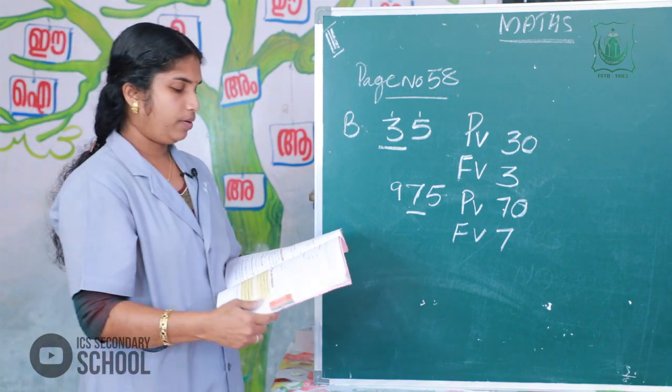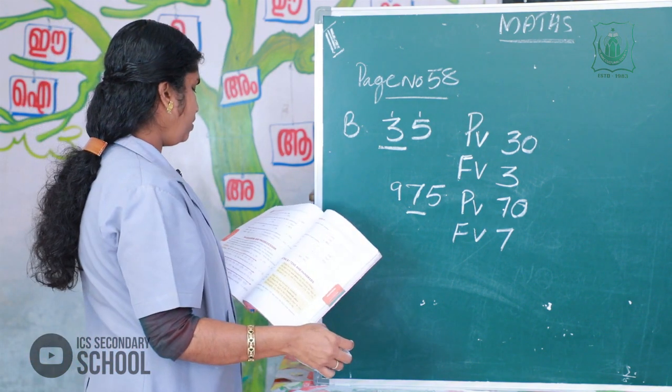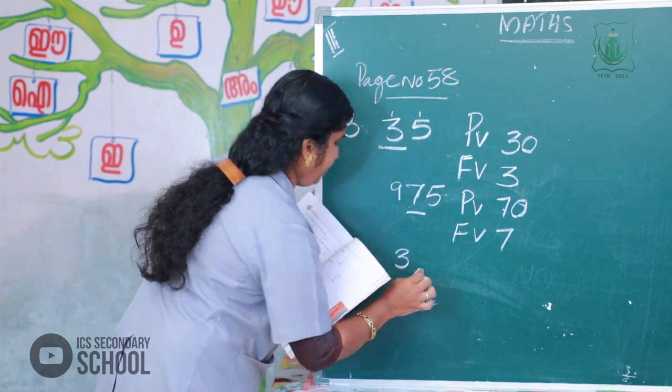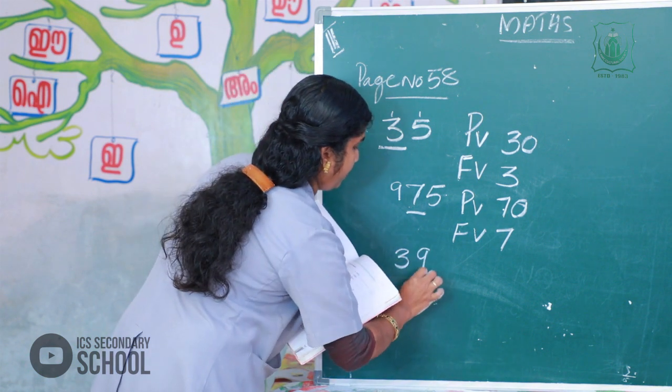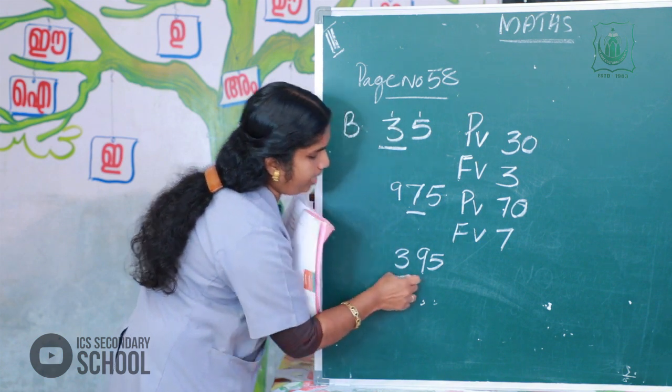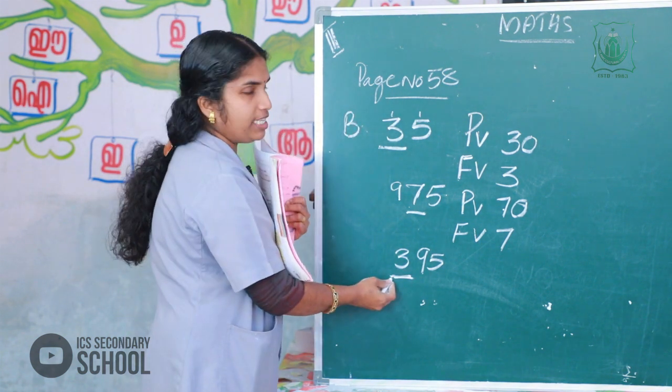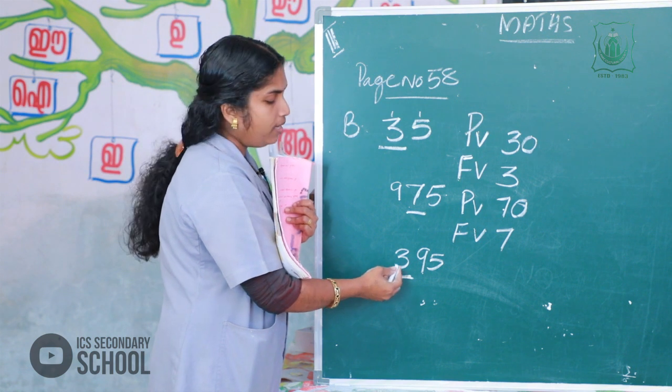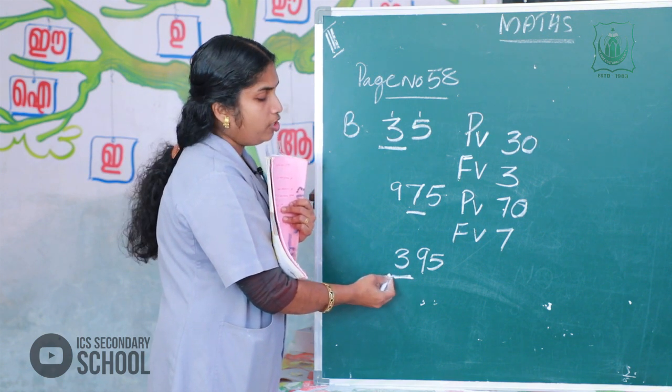Okay. Next, 395. The underlined number is 3. 3 is in the 100 position, so the place value is 300.